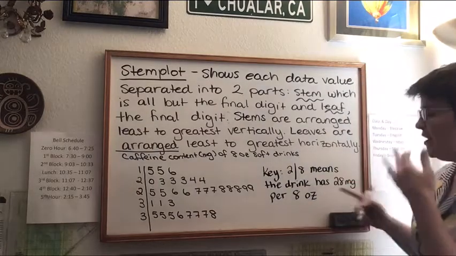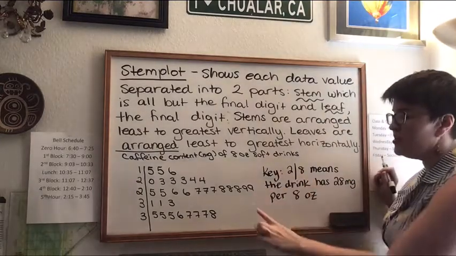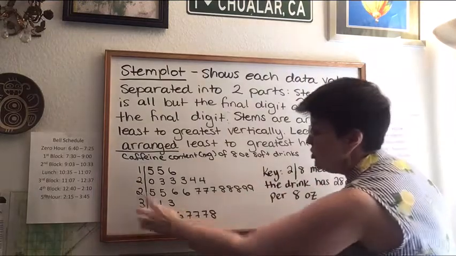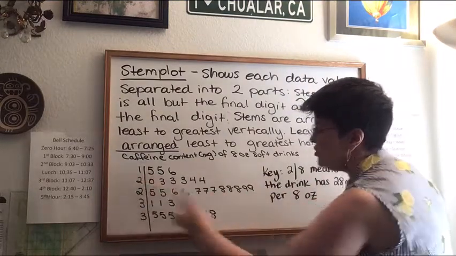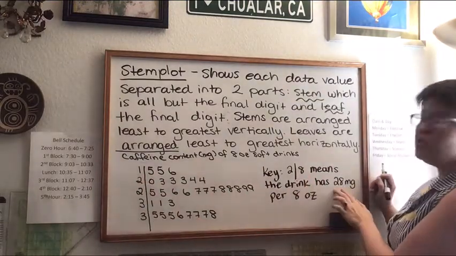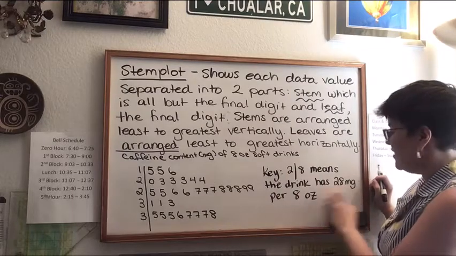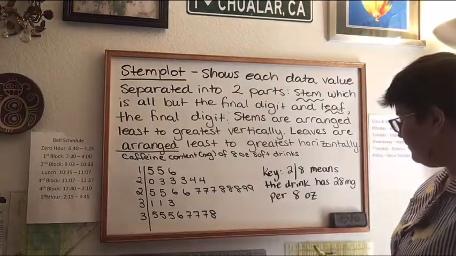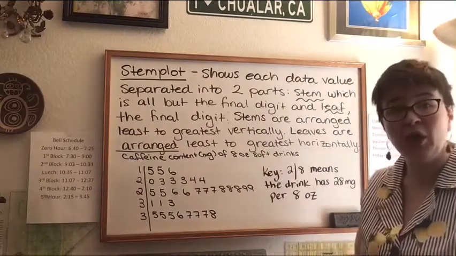So the whole point of the key is it's literally going to let you look at this and go, oh, got it. This 2-8 or this 1-5 or this 2-0 means a 2-digit number, and it represents the micrograms per an 8-ounce soda. All right, that's what a stem and leaf plot looks like.